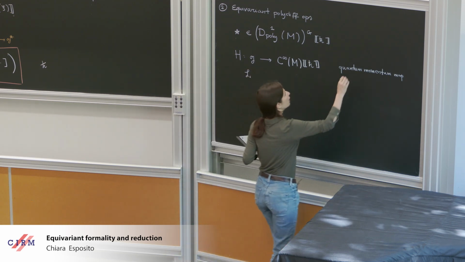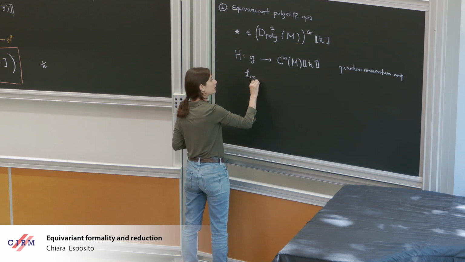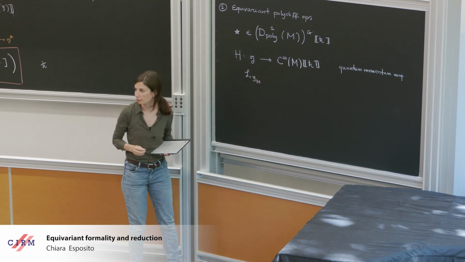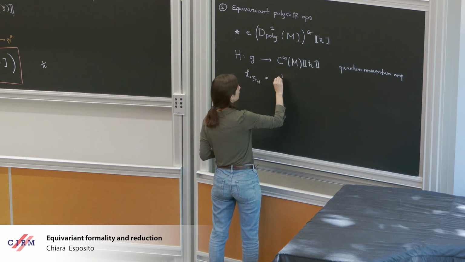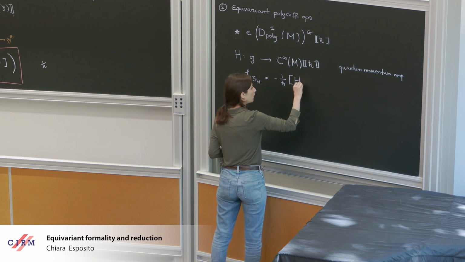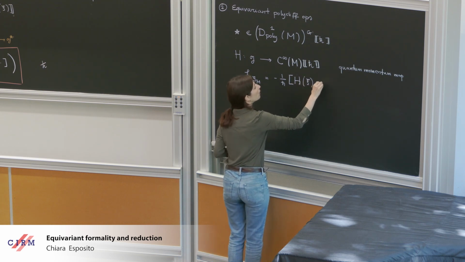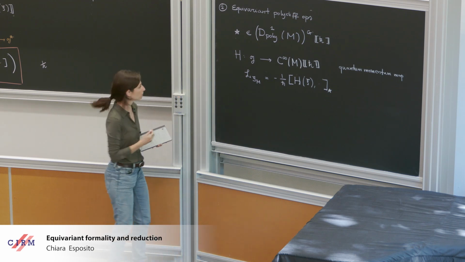You also have a G action, of course. Now, the Lie derivative along the fundamental vector field is Hamiltonian in this sense. So the star commutator of this object, and you have a sort of equivariance.